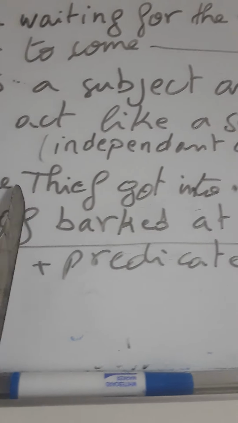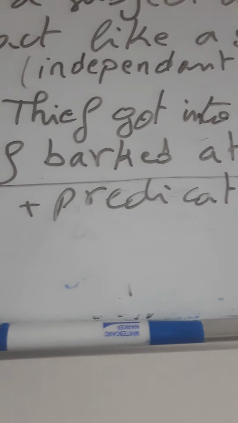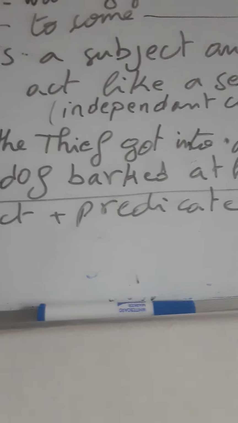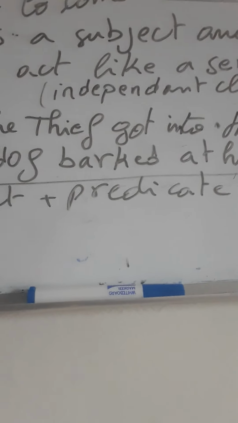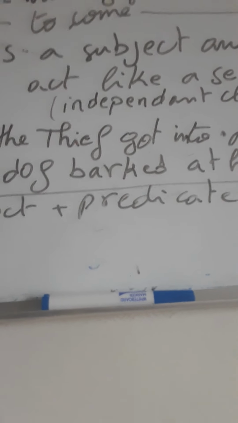So it's a clause because it has a subject and a verb. So we need another clause, both together to complete the meaning and give us a sentence. This second part, which completes the meaning, is the predicate. If it doesn't have a predicate, it cannot act like a sentence.